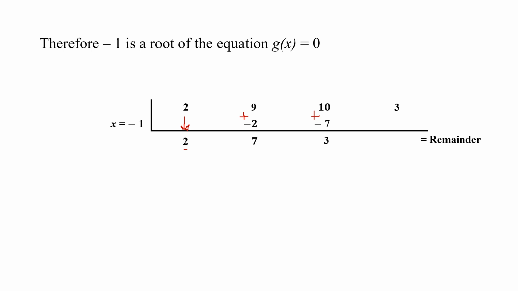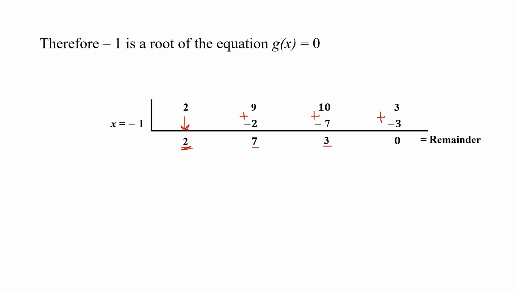Minus 1, the root, times this 3, minus 3. And if we add the 2, we get 0, which is the remainder. Now, these are the coefficients of x squared, x, and the constant.